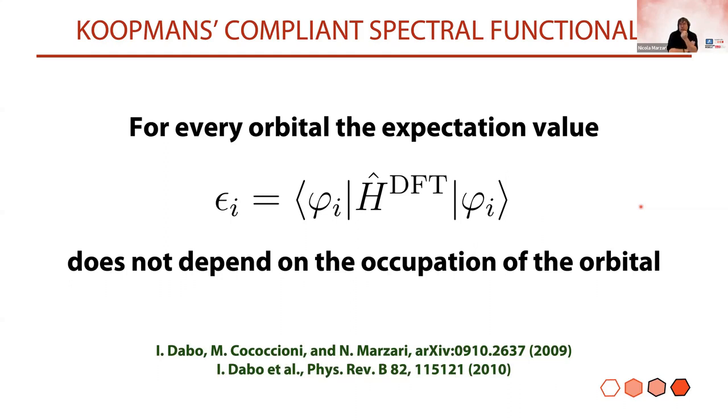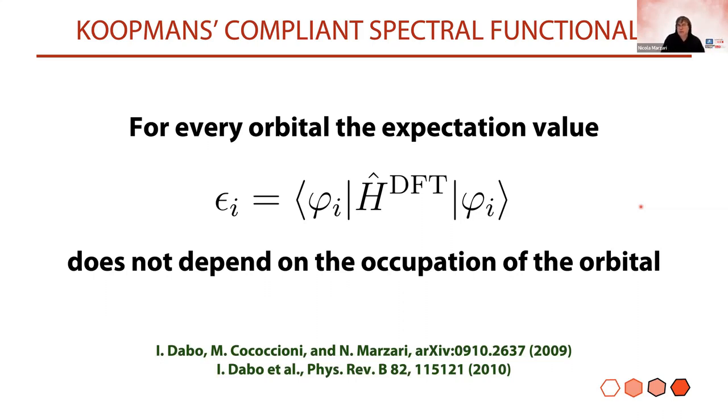This requirement is our own definition of self-interaction, and it's very intuitive. If an electron doesn't interact with itself, you want this expectation value to not depend on the occupation of that orbital. Not only that, but this is reminiscent of a photoemission experiment, where you remove an electron from an orbital in the system.